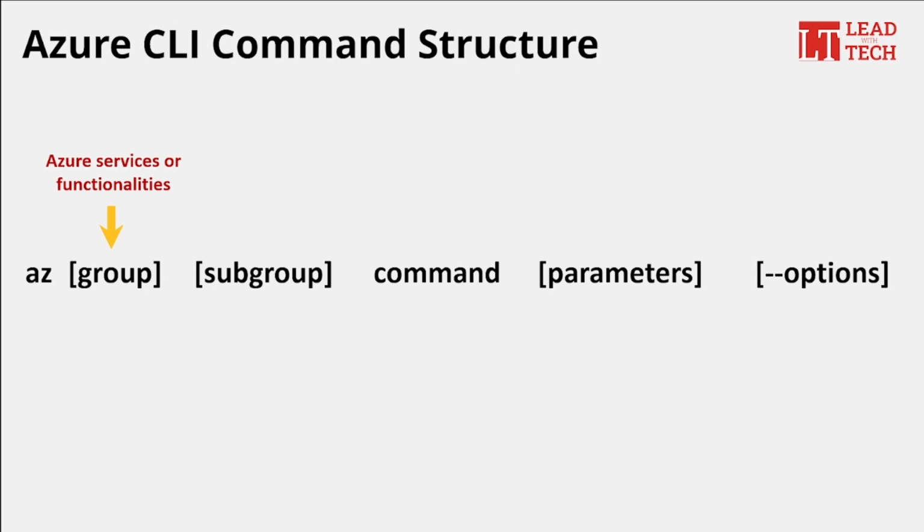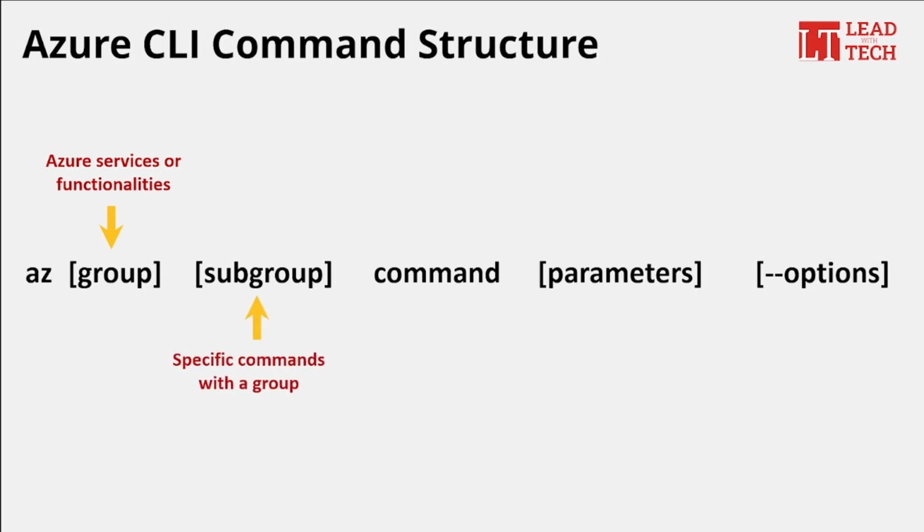These are the services that Azure provides, and with the first parameter you indicate to the CLI that you're trying to do some operations on this particular service. If you say AZ space group, the command line understands you're trying to do something with a resource group. And if you say AZ space sub, it understands you're trying to do something on the subscriptions.